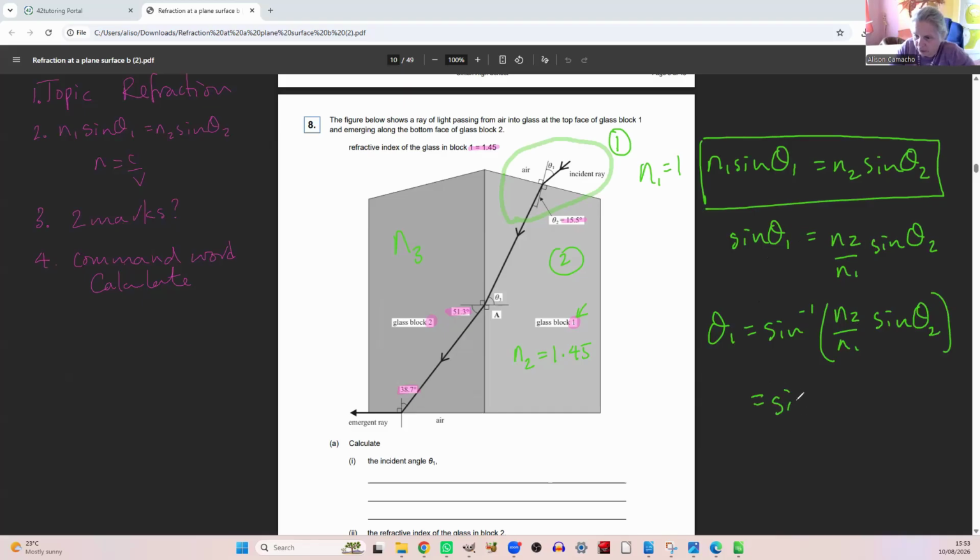And I can do sine to the minus 1 of N2, which is 1.45, over N1, which is 1, times sine theta 2, sine of 15.5 degrees. Make sure your calculator's in degrees. What is theta 1? So shift sine to minus 1, 1.45.